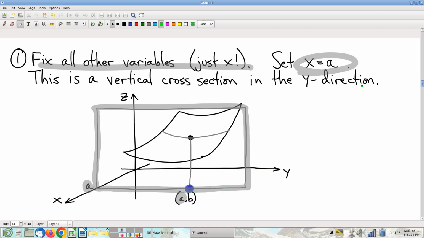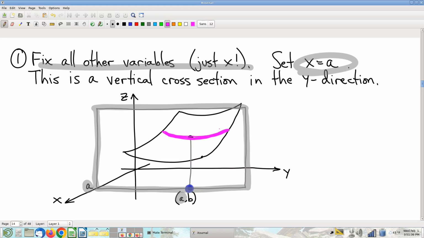Okay. Now, what does that give us? Well, the graph we were looking at was a surface, and now, by fixing that value of x, that cross-section is just a curve. And what can I say about this curve?